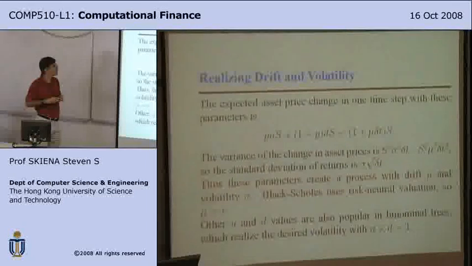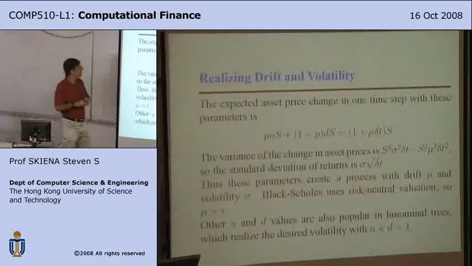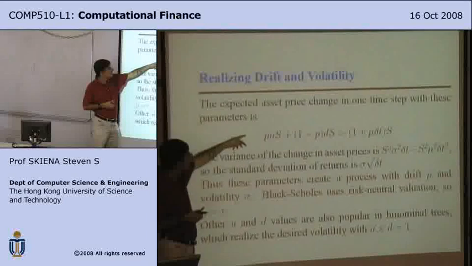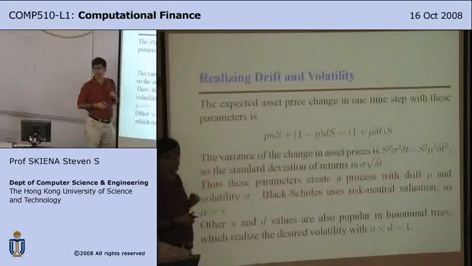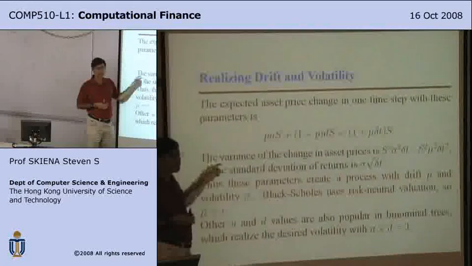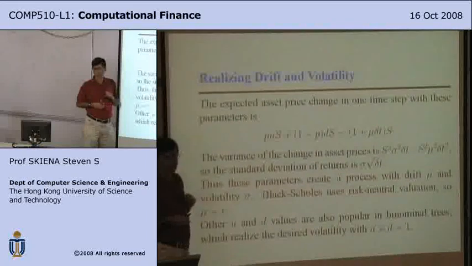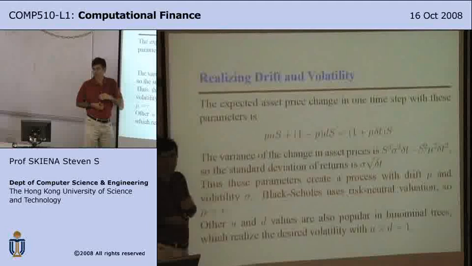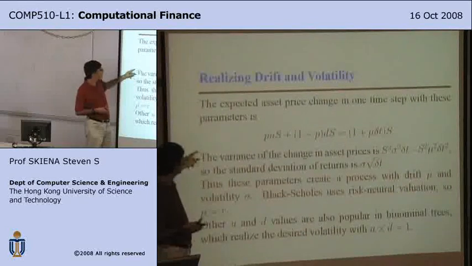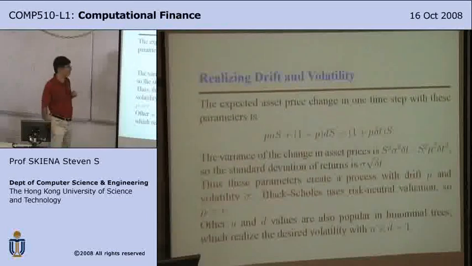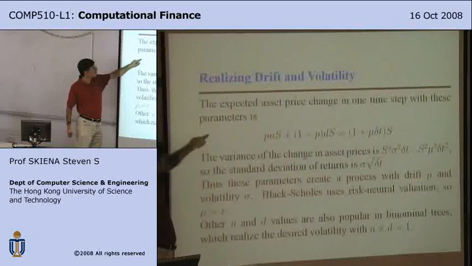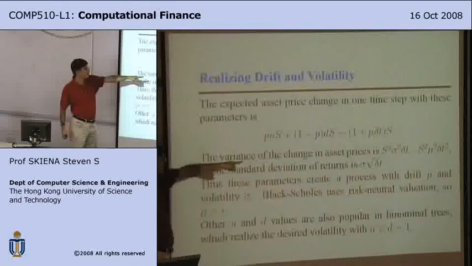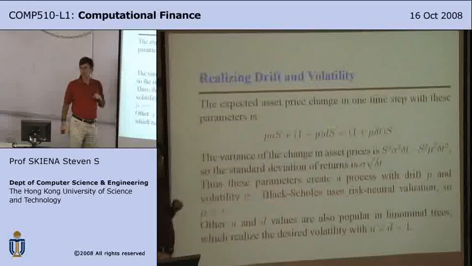And if you do a similar thing to compute the variance of this process, there's a formula for what the variance of something is. That's the deviation from the mean. You had that in a statistics class. If you go through and compute it, you end up getting that the standard deviation of returns from this process is sigma square root of delta t.